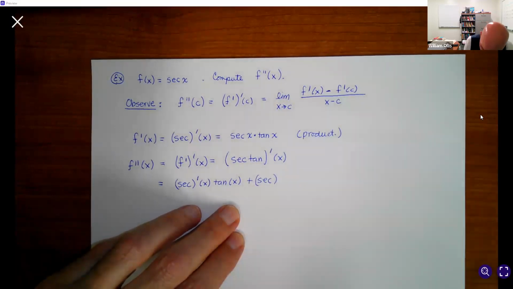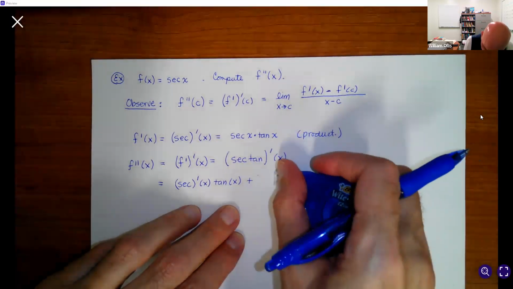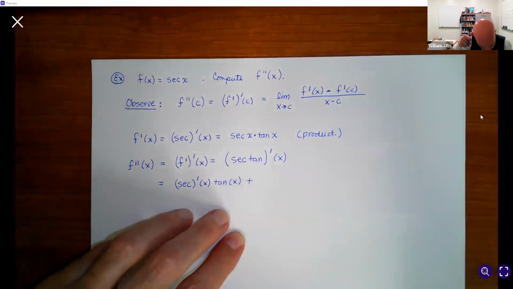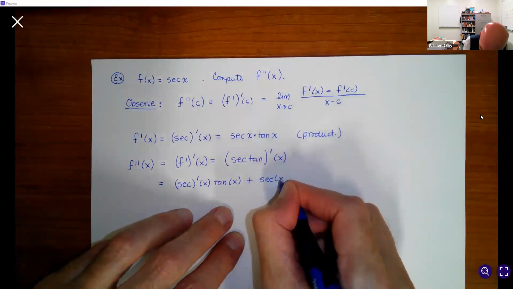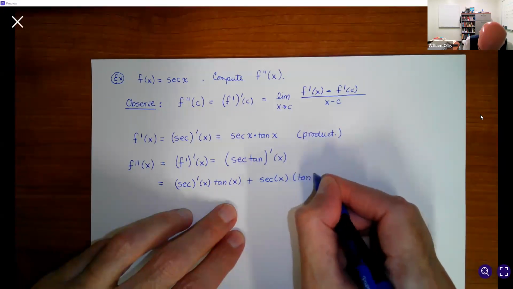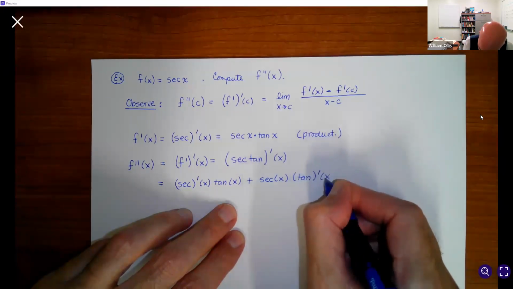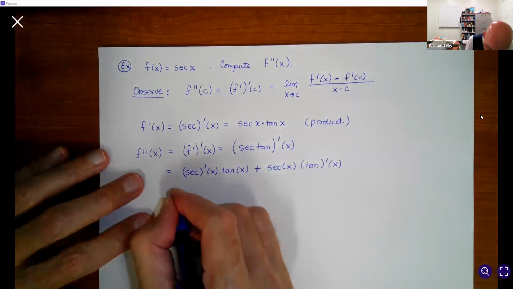Oh, because I don't need my outer parentheses there, because I'm not taking a derivative. I mean, that's kind of overkill. So we have secant x, and now we have the derivative of tangent evaluated at x. Again, we're just using x's instead of c's now.